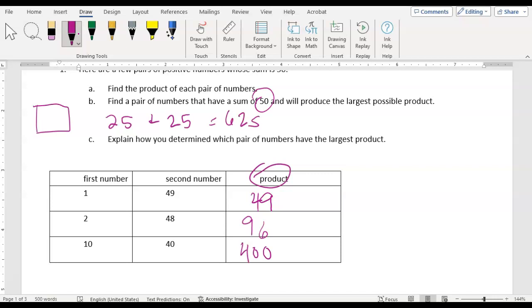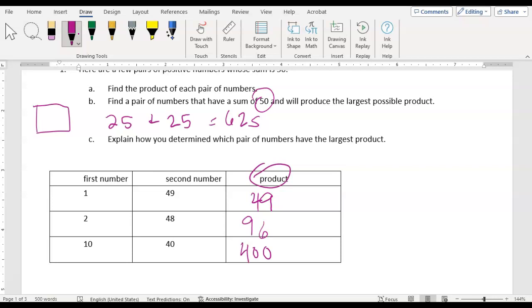If you were to multiply anything that is less than or greater than that, so for example, 24 times 26, those add up to equal 50 as well, we get 624, so slightly less than that, right? Or 23 times 27, we get 621, which is less than that. Okay, and so when we multiply a number times itself, it is going to give us the largest possible product.